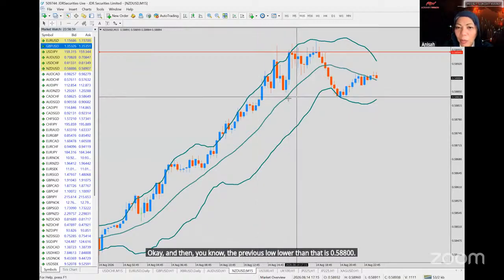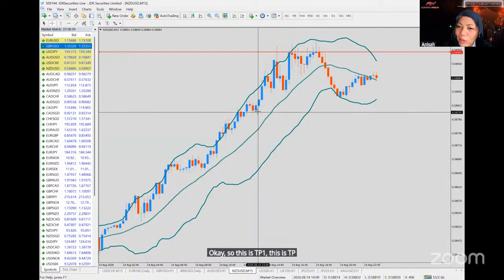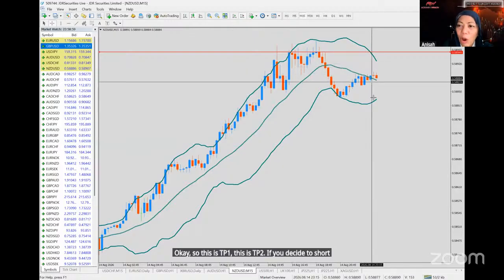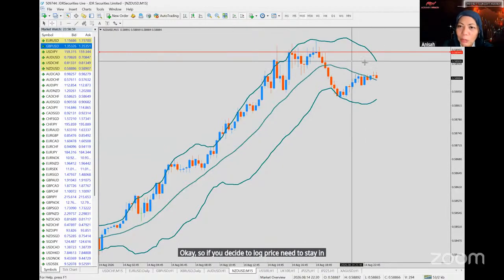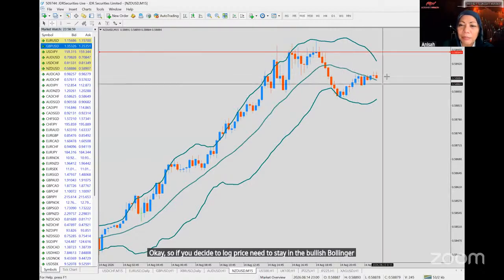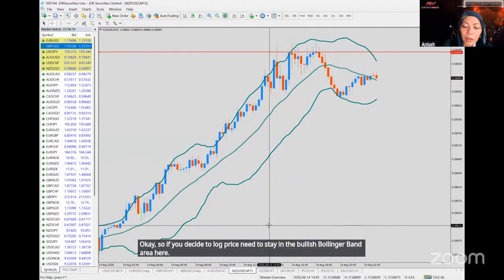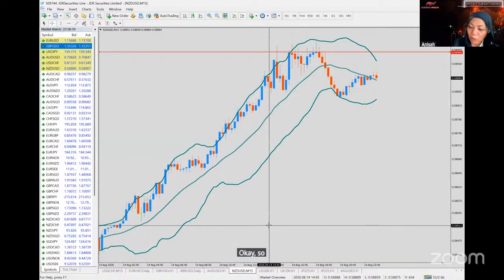So this is TP1 and this is TP2 if you decide to short. If you decide to long, price needs to stay in the bullish Bollinger Band area here. So that's my outlook on Kiwi dollar.